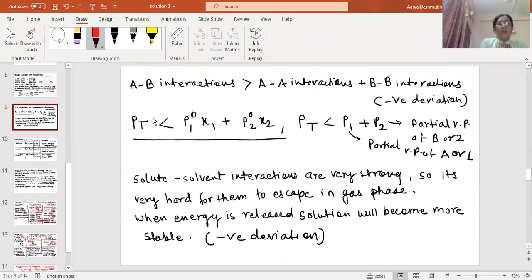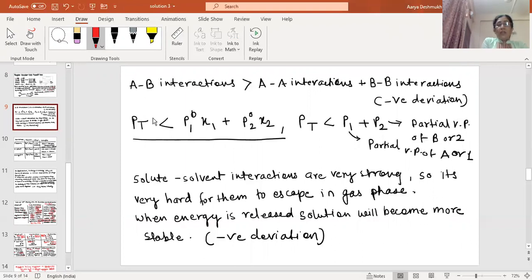When the interaction between the solute and solvent is greater than the interactions between solvent and solvent and solute and solute molecules, the total vapor pressure of the solution would be less than the sum of the partial vapor pressures of A and B. The solute-solvent interactions are very strong, so it's very hard for them to escape into the gas phase.